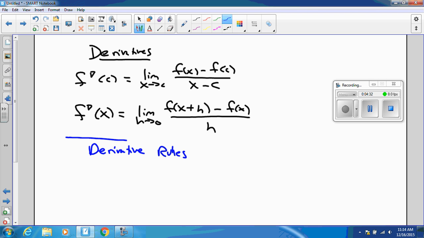Those rules include the sum rule, the difference rule, the constant multiple rule, product rule, quotient rule, and chain rule.